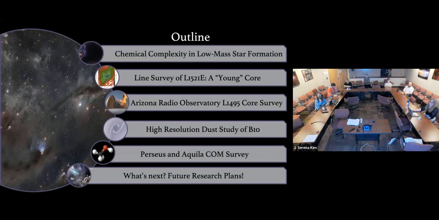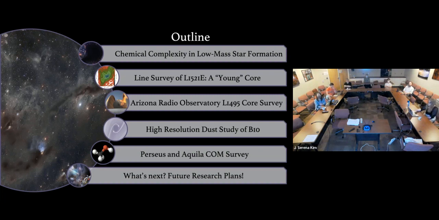Here's the outline of what I'll be talking about, a bunch of different subtopics and projects. First, chemical complexity and low mass star formation, and why it's important to study this. Then a line survey that I did in one particular starless core that's very young, and why it's important to study complex organics in young cores.